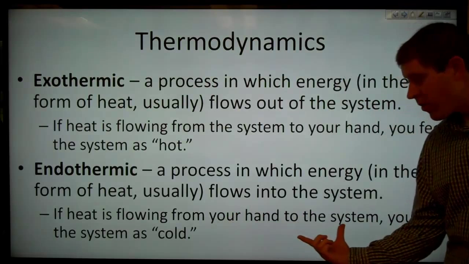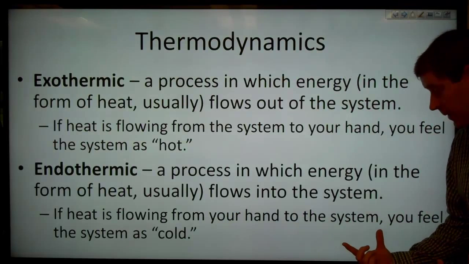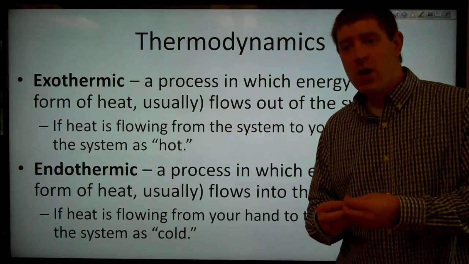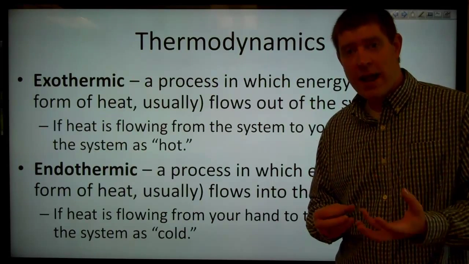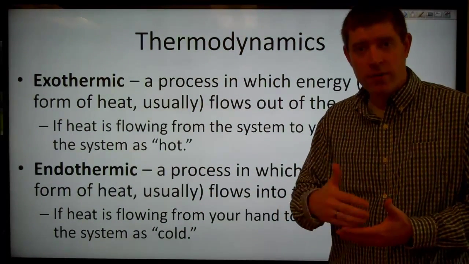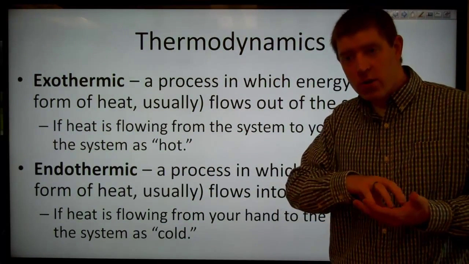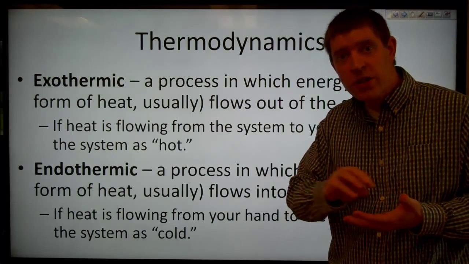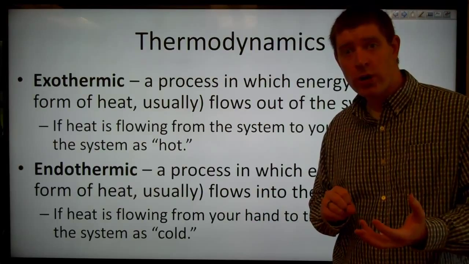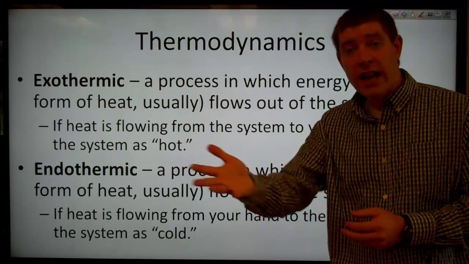So if heat is flowing from your hand to the system, then you feel the system as cold. You're really feeling the energy flow within your hand. You're not feeling the temperature of the system. You're feeling the temperature of your hand. So as your hand loses energy to the system, you feel your hand getting cold. And so you say, oh, that object is cold.